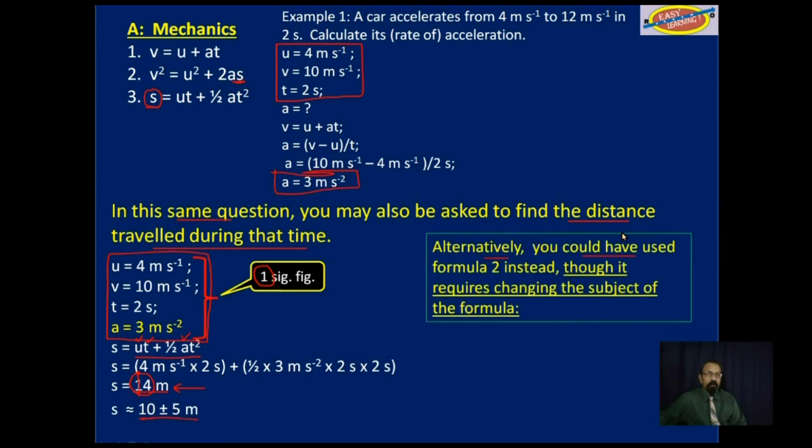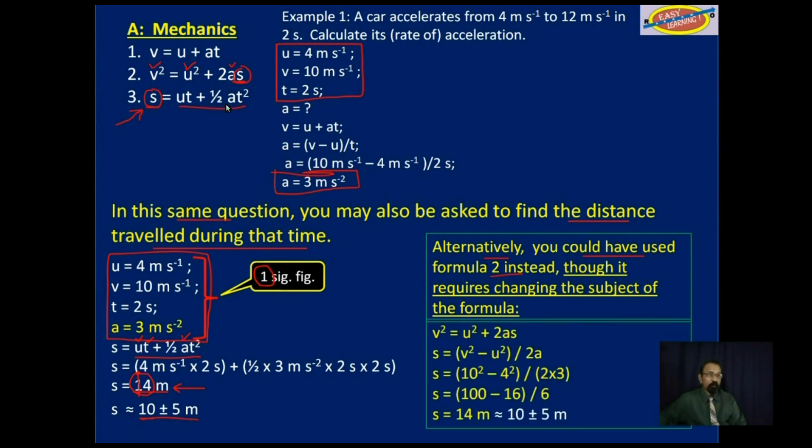Alternatively, you could have used formula 2 instead, though that requires changing the subject of the formula. We know V, we know U, we know A. We want to find S. Then we would have had to change the subject of the formula to make S the subject, whereas in formula 3, S is already the subject of the formula and we know all the variables on the right.